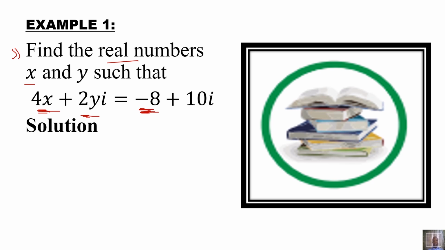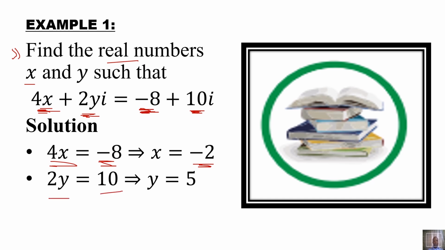Here, real parts are 4x and minus 8, and imaginary parts are 2y and 10. So we have to equalize 4x and minus 8. Again, 2y and 10. 4x equals minus 8, x equals minus 2.